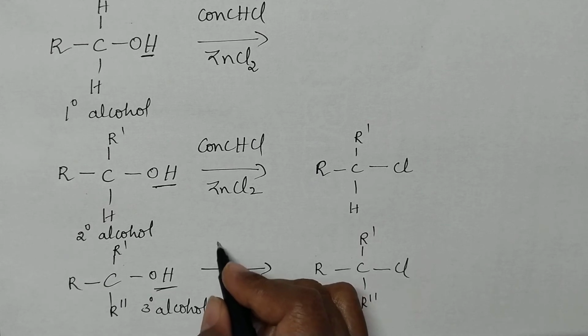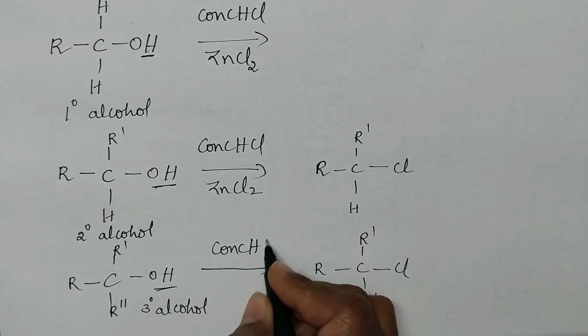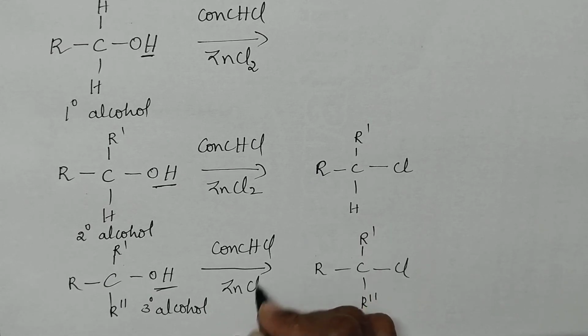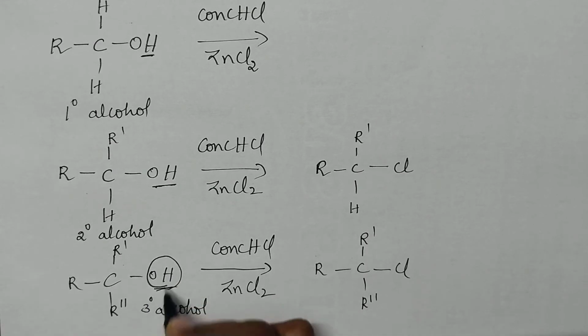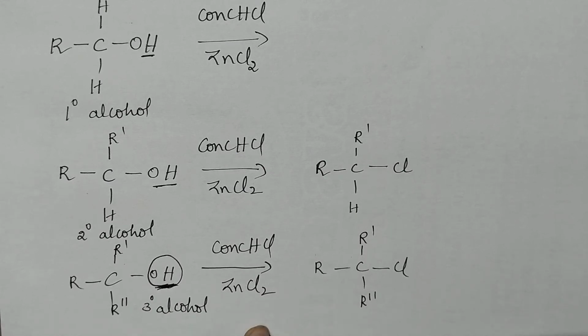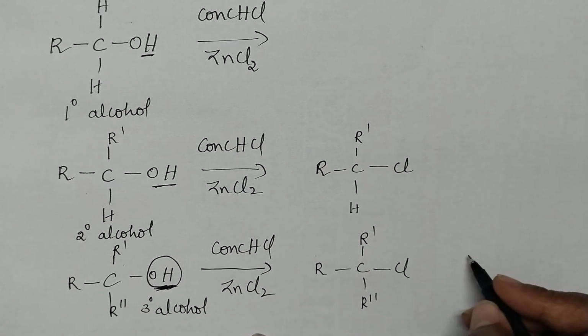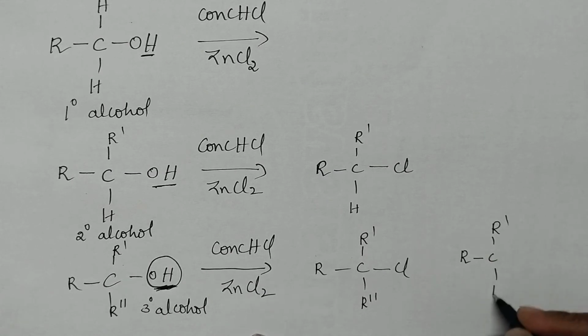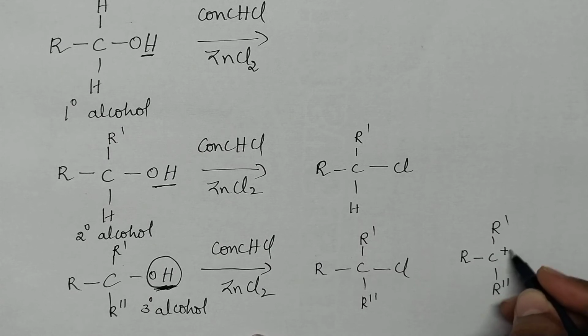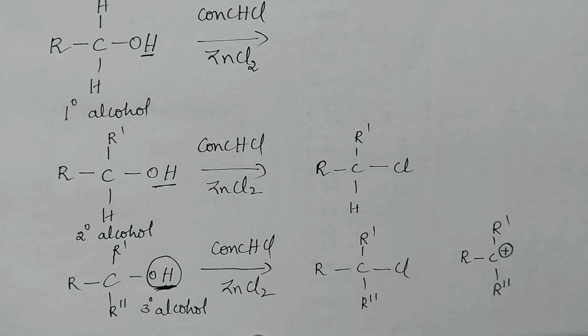And coming to the rate of the reaction, students always remember that whenever the OH group is eliminated, it results in the formation of a carbonium ion. So, what is the structure of the carbonium ion in this case? A positive charge will be developed on the carbon atom.